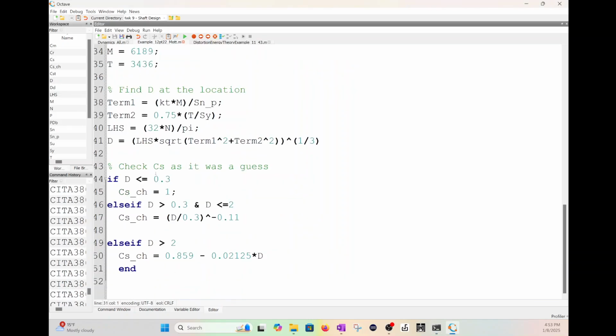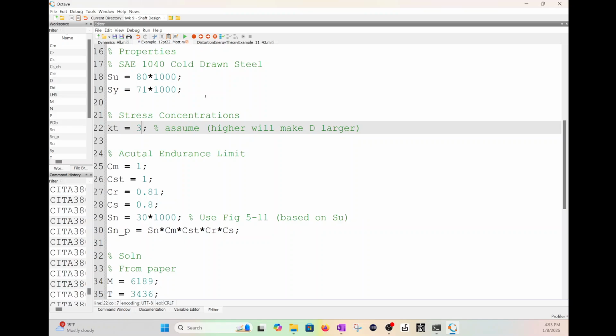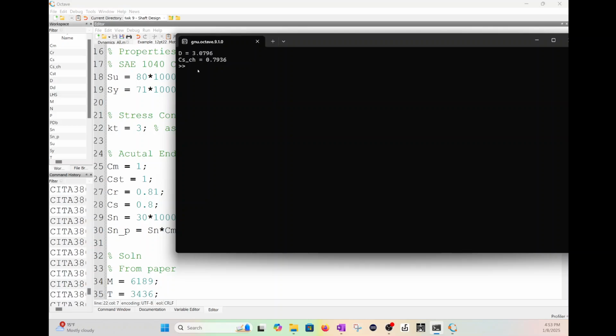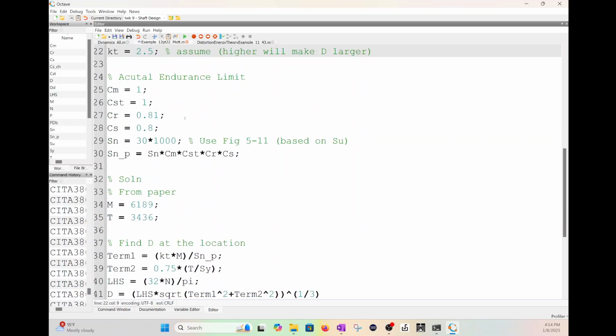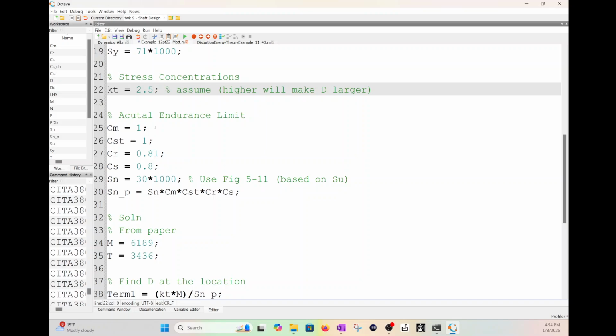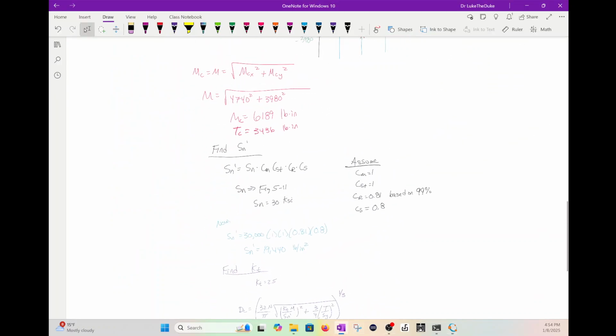Okay, especially with KT. Like if we increase KT, say we went to 3, run it again, see we get 3 inches. Okay, so we know that there's some sort of stress concentration in there, but we can use 2.5. That's pretty good. Sometimes you got to make that assumption because you don't know those diameters. So just pick something.